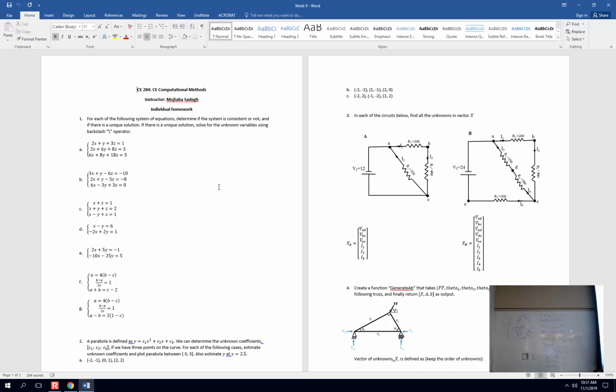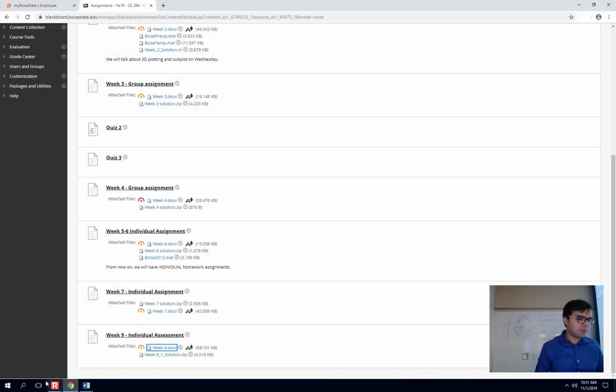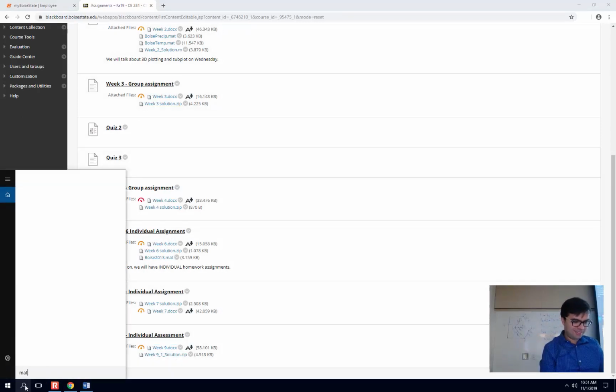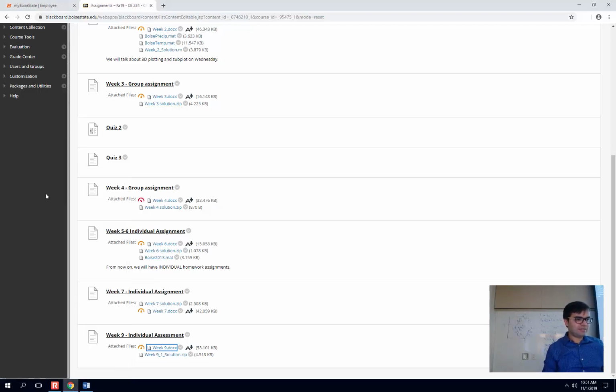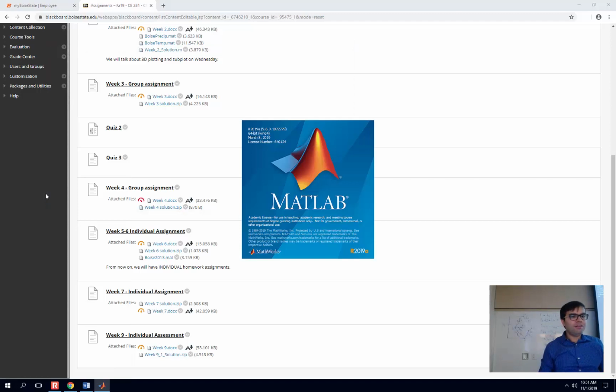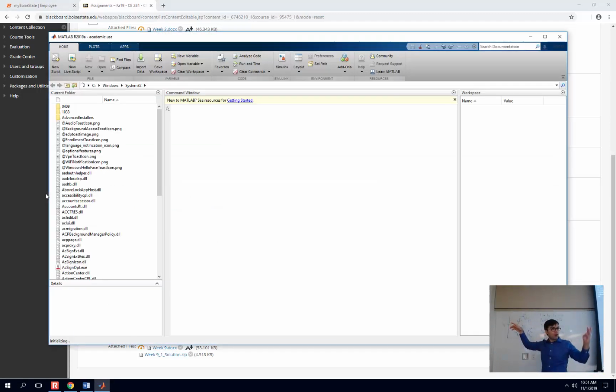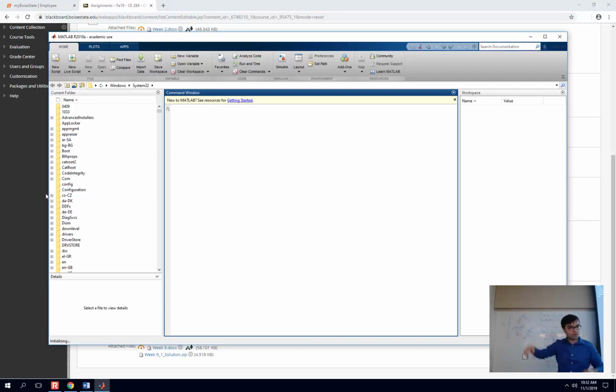So if I want to do it in MATLAB now, super easy. Not super easy, but relatively easy. First of all, I have to define my knowns, R1, R2, R3, all the way to R5.